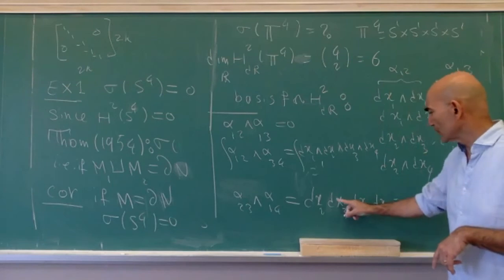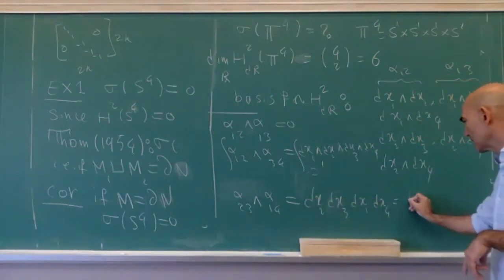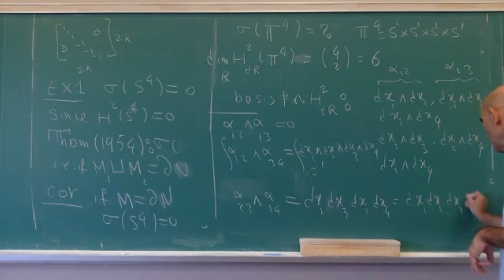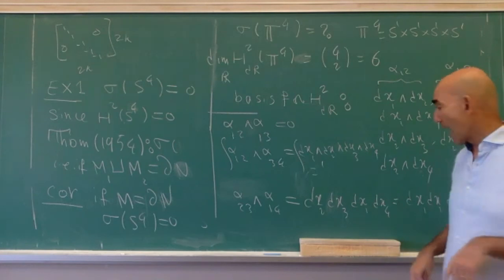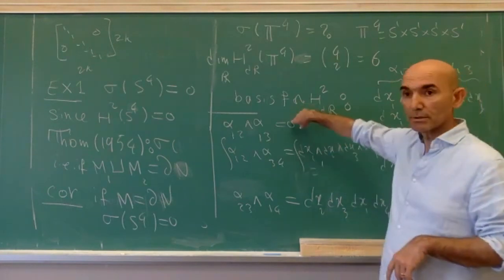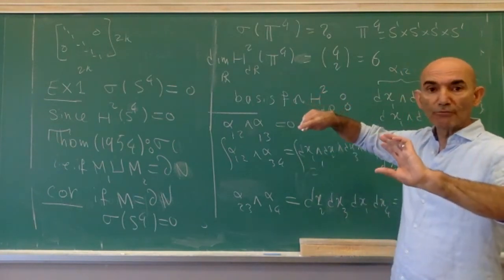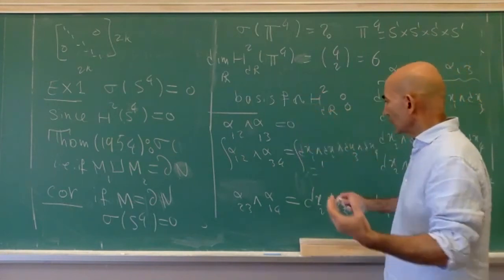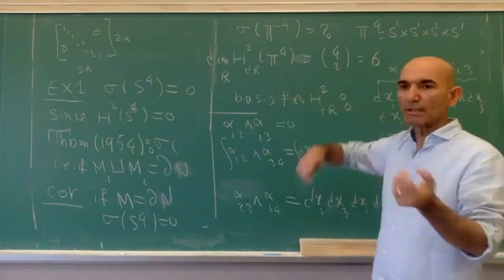Now this moves over this twice, so it gives me dx1 dx2 dx3 dx4, right? So you get a plus sign, and again, you get 1 here. But sometimes you have to switch an odd number of times, and you get minus 1. So if you write it, you get 3 plus 1 and 3 minus 1.